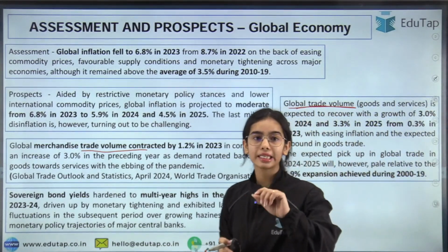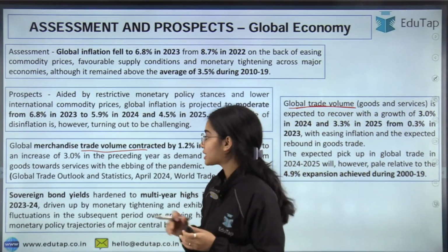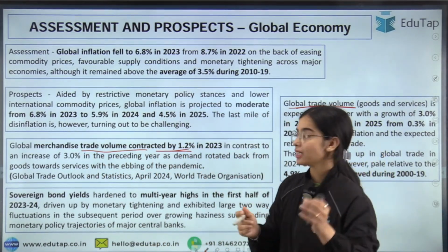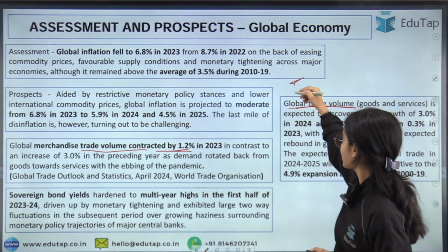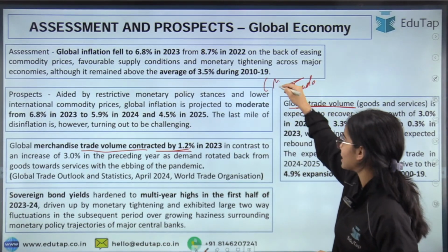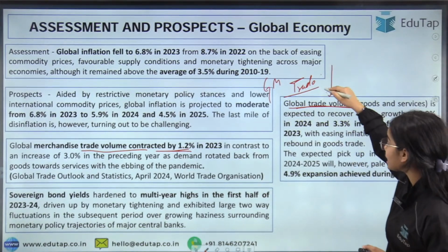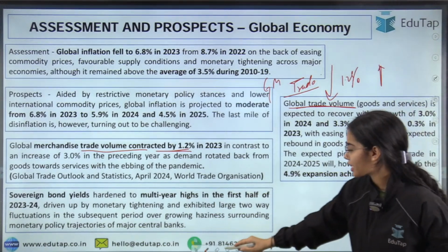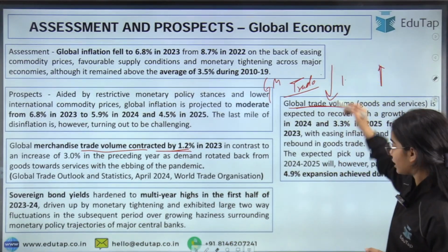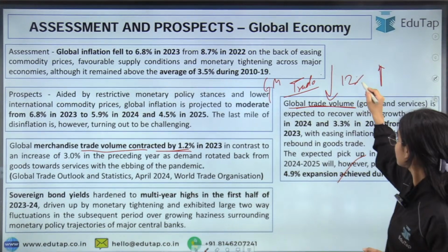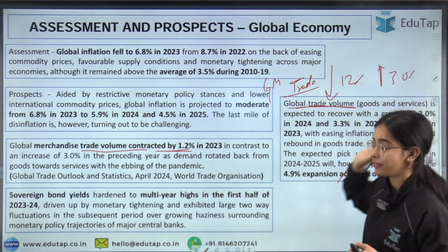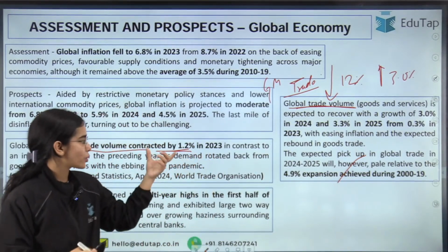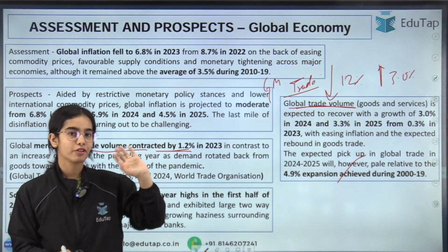Now one mistake that I made in my previous session: global merchandise trade volume contracted by 1.2% means that the global merchandise trade has actually decreased by 1.2% as against the increase of 3.0% in the previous year. So I read it wrong and that's why the confusion was created.